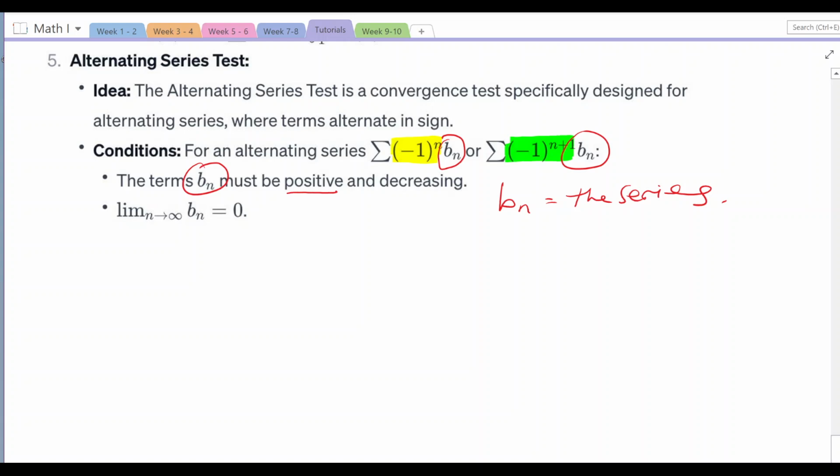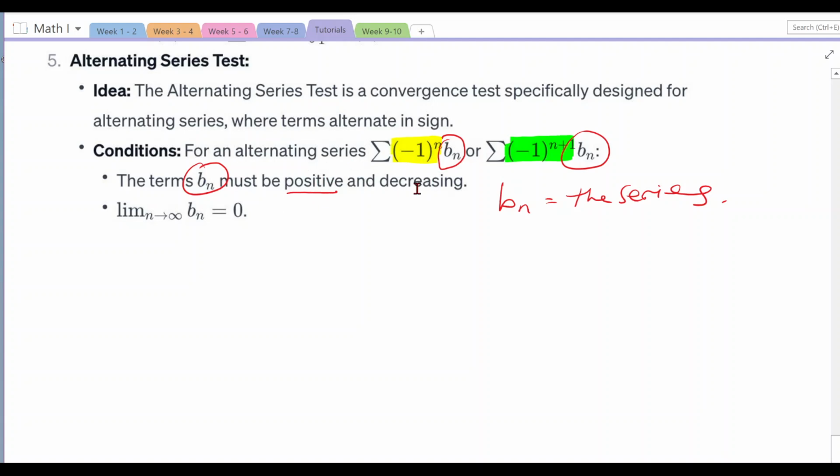We just ignore the negative 1 raised to the power of n. We also ignore negative 1 raised to the power of n plus 1. So simply just looking at the series a sub n or b sub n, this series will of course become positive after you ignore all the negative.